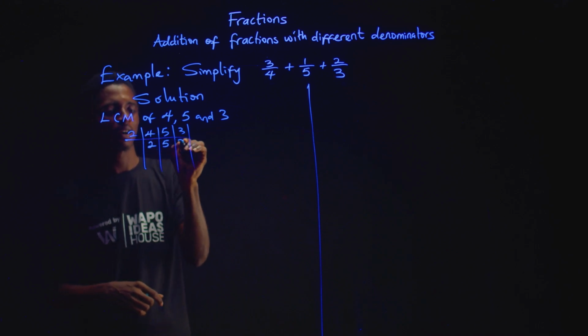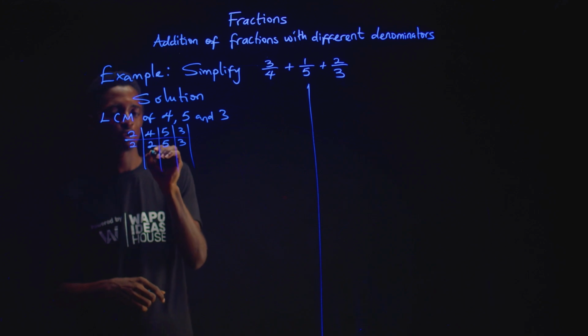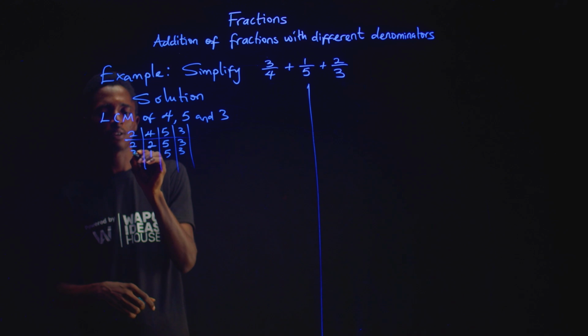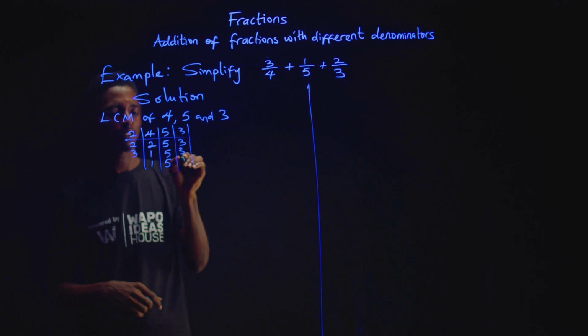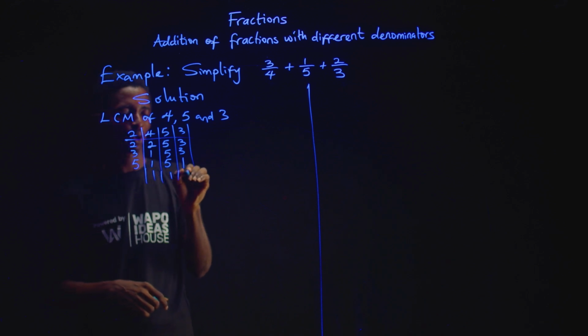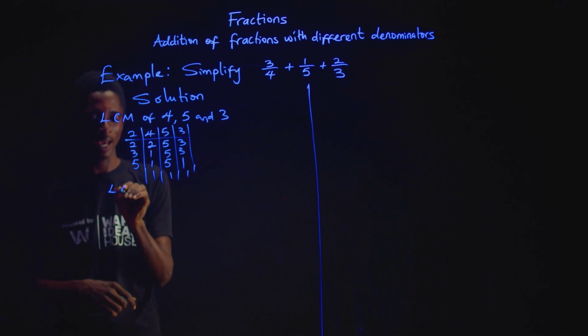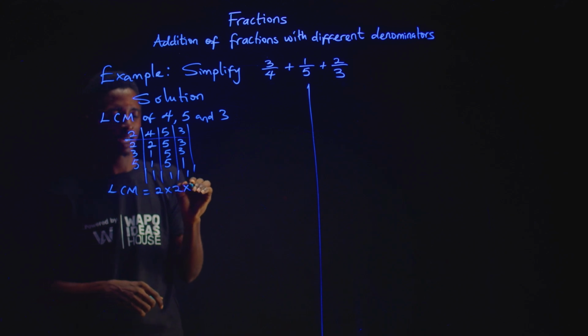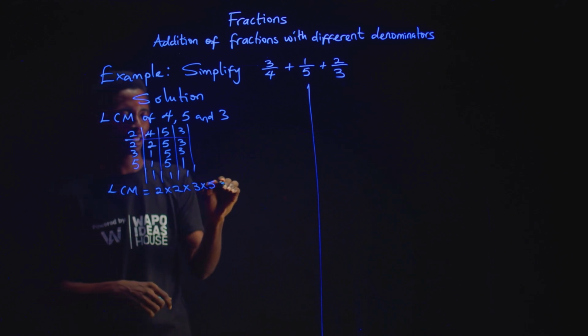We still have 5 and 3 here. Then 2 into 1. Still have 5 and 3. Then we have 3, 1, 5. Then this is 1. And then finally 5. 1, 1, 1. So therefore, our LCM becomes 2 times 2 times 3 times 5.